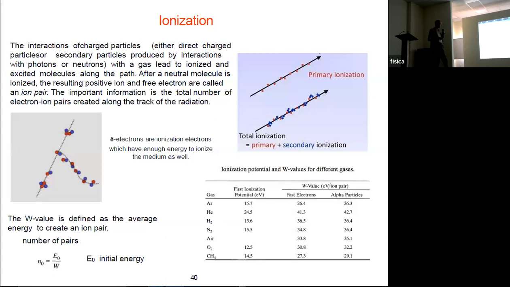For argon, this value is about 26 electron volts. That means that if you have, for example, a 1 MeV particle, you simply divide this energy by 26 eV, and you will get the number of electron-ion pairs.